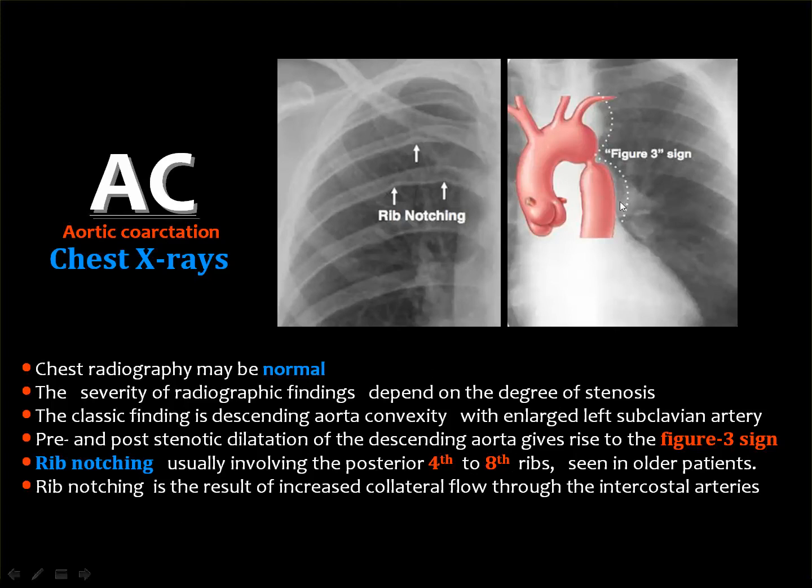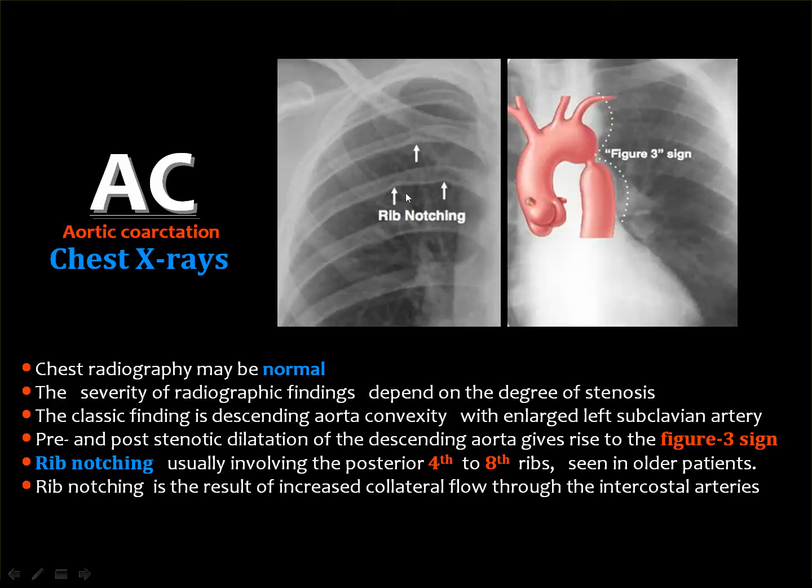One of these manifestations is what is known as the figure of 3 sign, which is the result of dilatation proximal and distal to the site of coarctation, leading to the formation of this figure 3. Then also the presence of collateral circulation, especially of the intercostal arteries or the subcostal arteries.